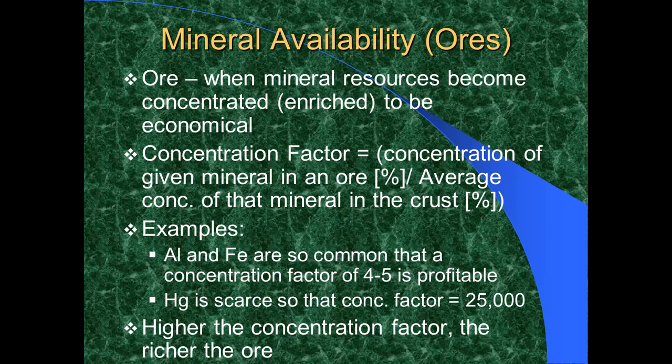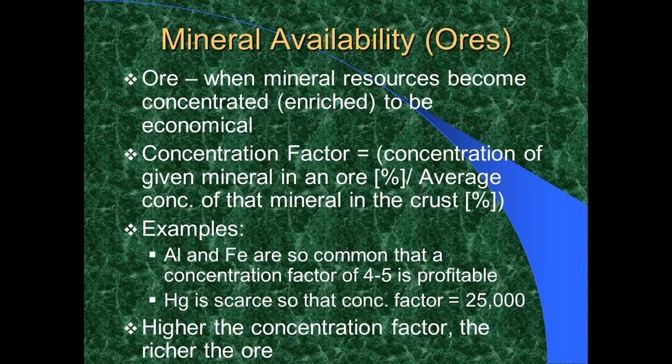Now mercury, on the other hand, is so rare in the Earth's crust, thank God, very, very toxic to us, that it needs a concentration factor of 25,000 to be profitably mined. So think of these concentration factors as a minimum threshold. And for every single mineral, we know the threshold. Below, it just doesn't make economic sense. Above, it does.